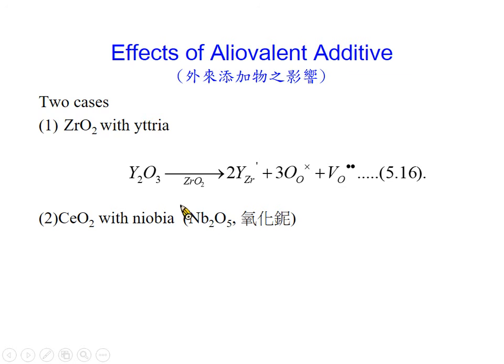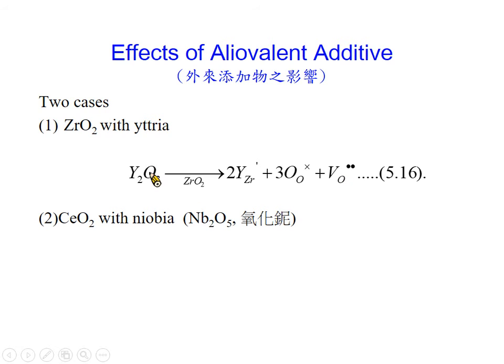Here are the equations. If we put the yttria into the zirconia to form a solid solution, the yttria will occupy the zirconium site and form defects with a 1 minus charge, and then the oxygen will occupy the oxygen site and form oxygen vacancies.